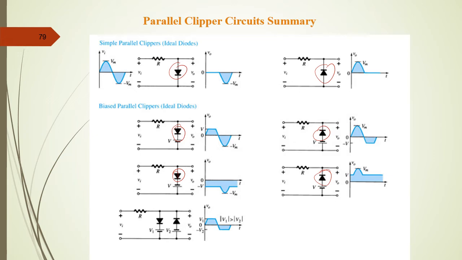We can also have something like this: downward pointing and upward pointing. If we have two branches of diodes in opposite directions, we can have the positive cycles clipped away, and we can also have the negative cycle clipped away.